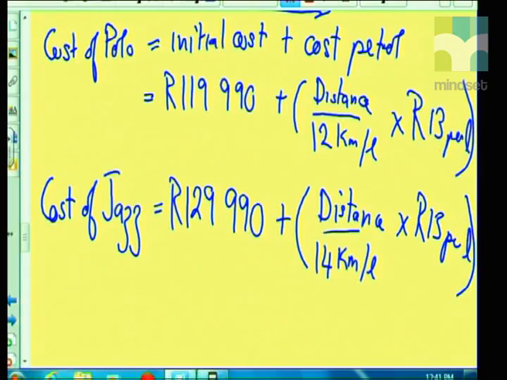Now, if you work through that calculation very carefully, what you'll recognize is that at this point those two costs are exactly the same. The total cost for the Jazz and the total cost for the Polo are the same. The distance is also the same, and we want to find the distance. So let's make those two equal to each other.